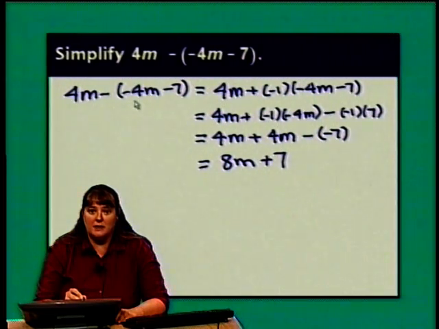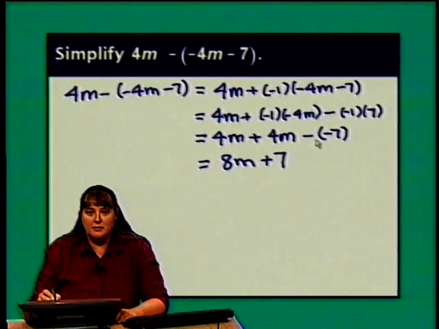I started with negative 4m. I also got minus negative 7, which is the same as plus 7. Again, the sign changed. I started out with minus 7. I ended up with plus 7. So even though this is a subtraction problem, again, what we essentially did was distribute a negative through parentheses.